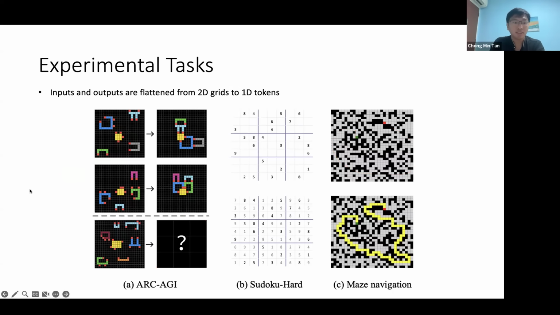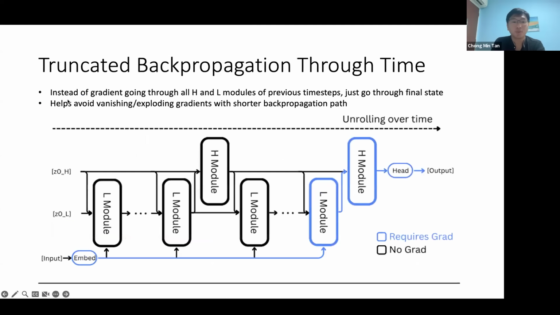So how is this fed into the hierarchical reasoning model? Maybe I'll just go through the model first. It goes through this input space, you embed into tokens, just like a transformer model. It goes through a low level model. Basically, this L module is a transformer, so it has multi-headed attention inside.